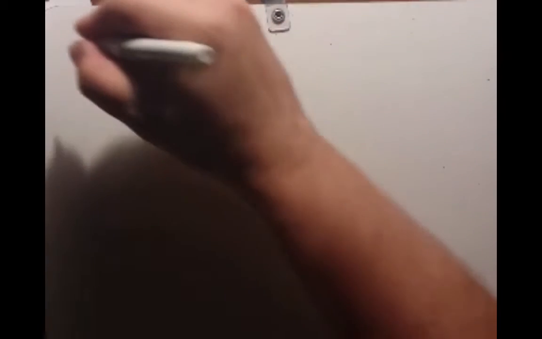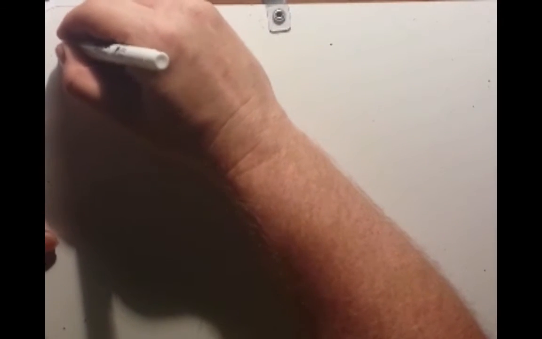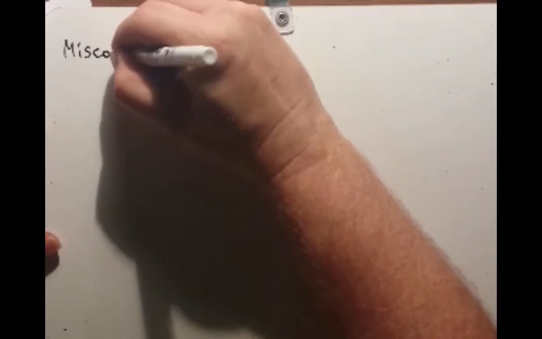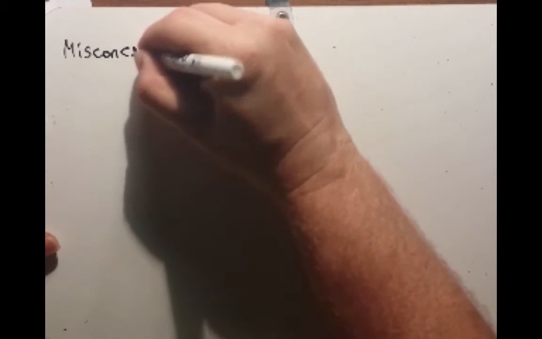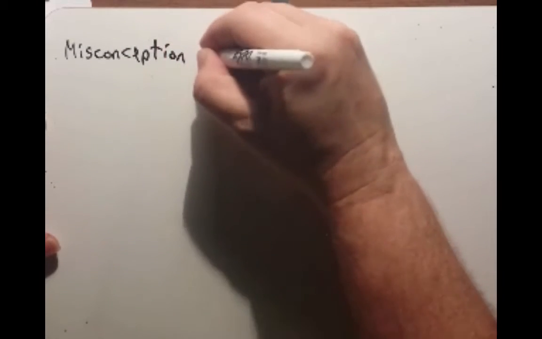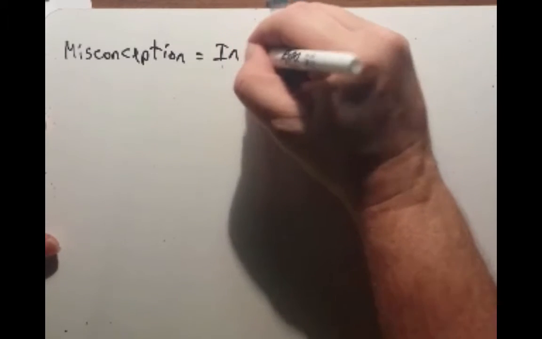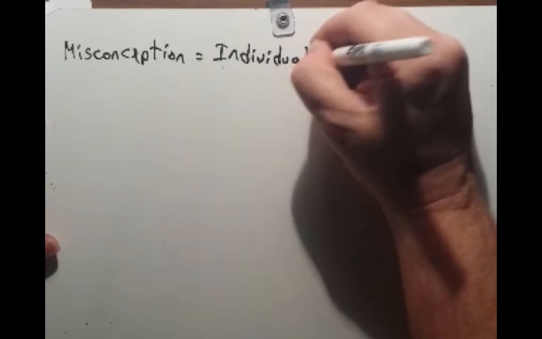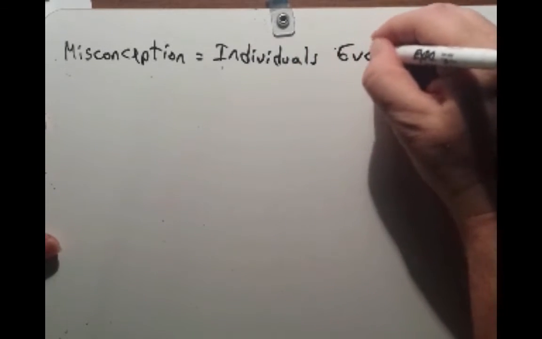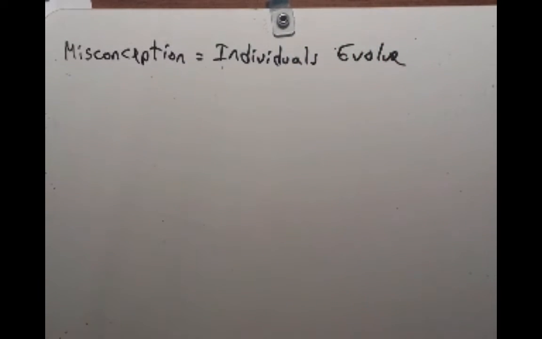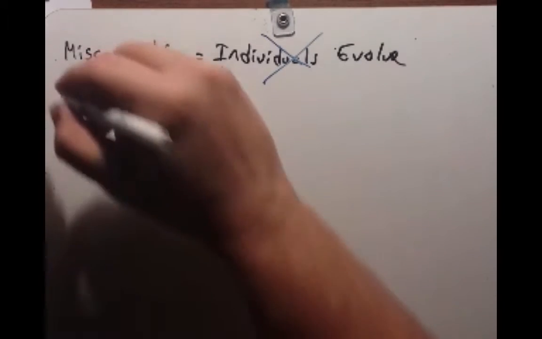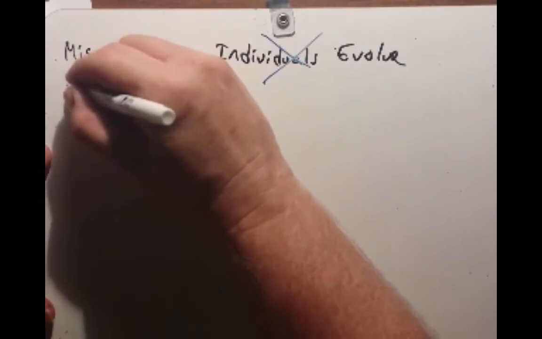One of the bigger misconceptions when we're studying evolution is that individuals evolve. And this is just not true. Individuals do not evolve. So let's just cross that out. What we say is that populations evolve.